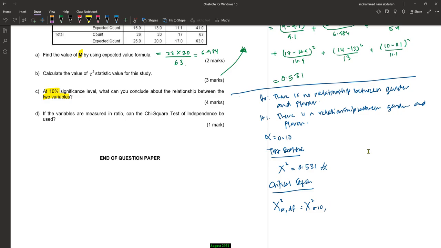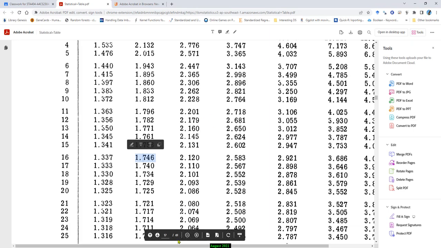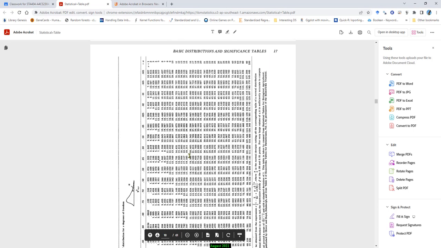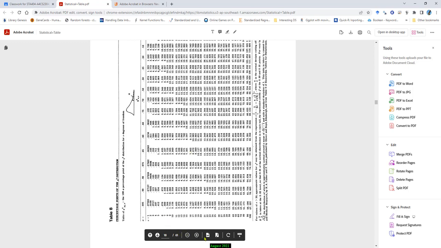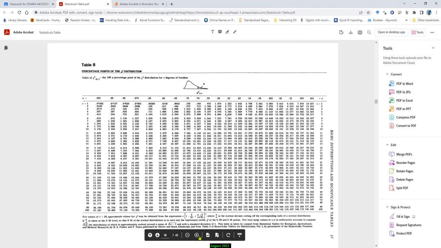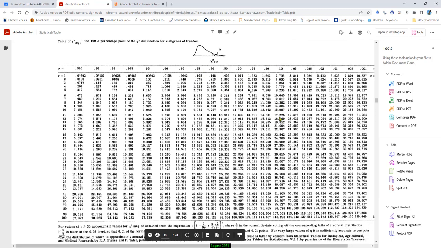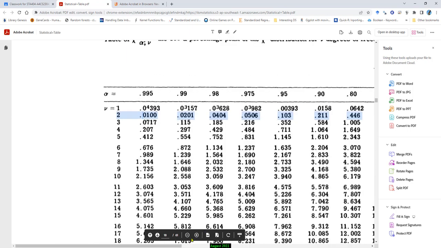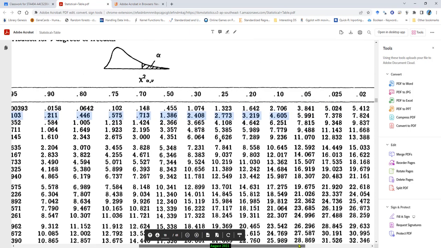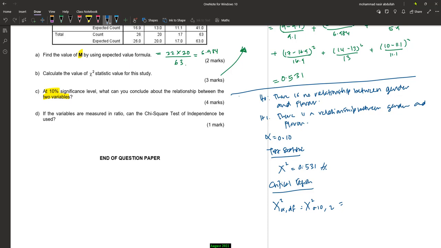So it should be 2. So we look at the statistical table, the chi-squared distribution. Find 0.1 and 2 degrees of freedom here. It should be 4.605.